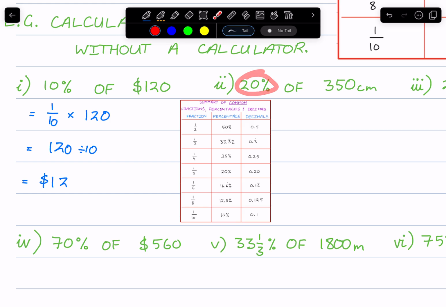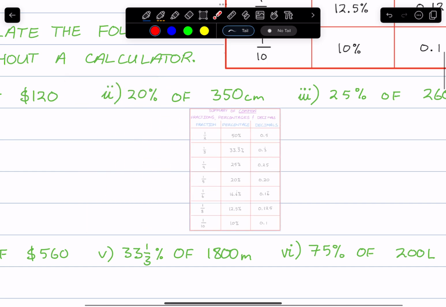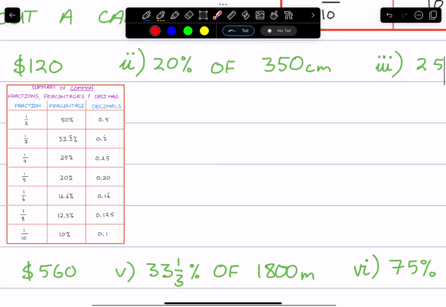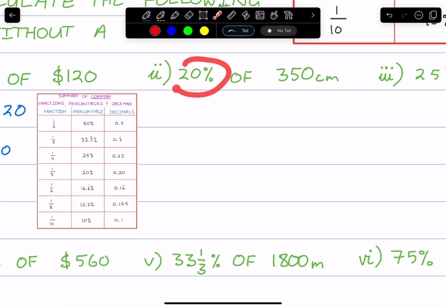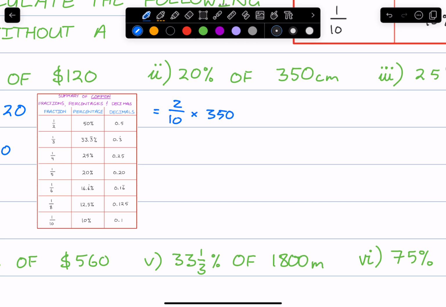Whenever you see 20%, you could do this in two ways. The first way, I can see that 20% is the same as 2/10 times 350. I'm going to employ the same method. We're doing 350 divided by 10.